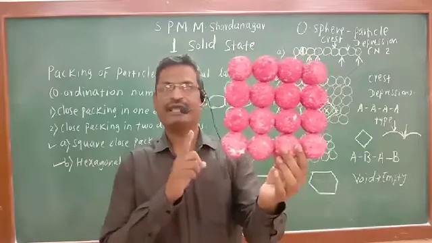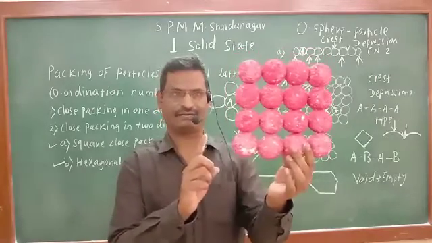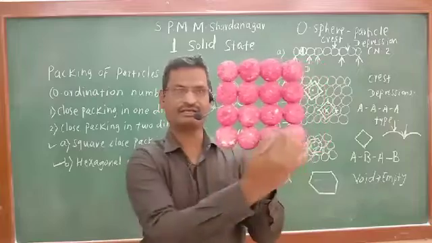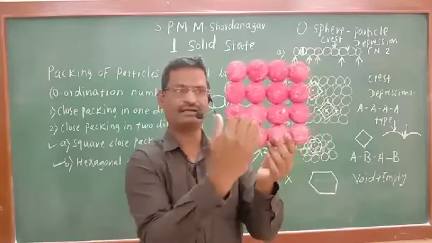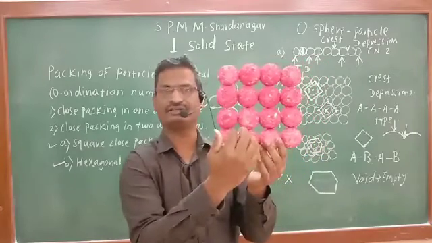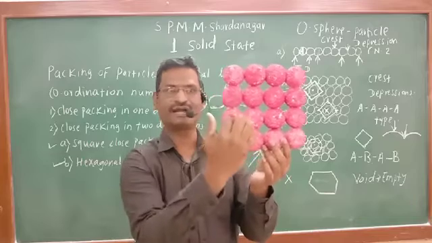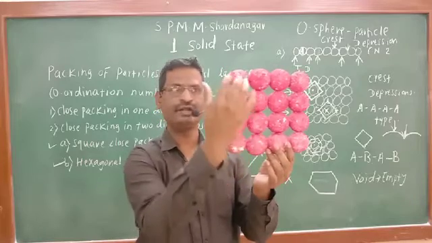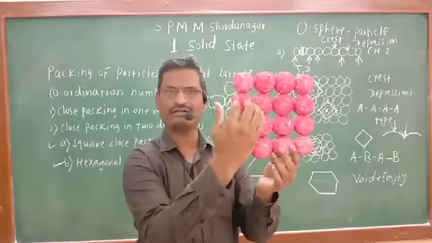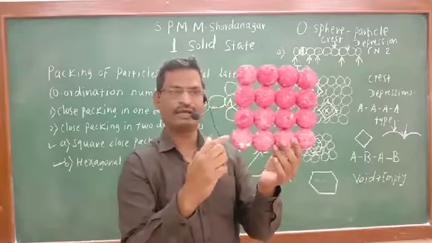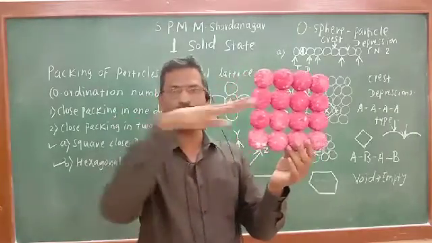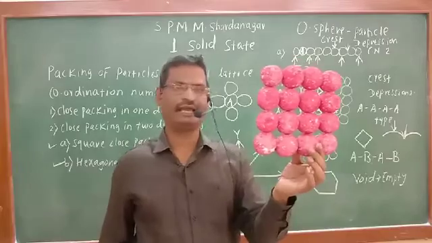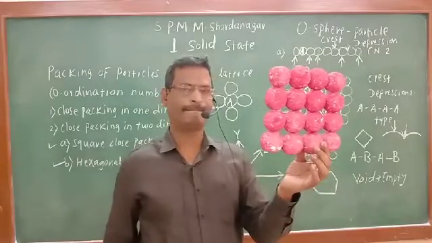This is A type of arrangement, because crests of this layer and crests of second layer are touching each other. Crests of third and second are touching each other. Crests of fourth and third are touching each other. Therefore, all are the same, A. This is known as A type of arrangement.